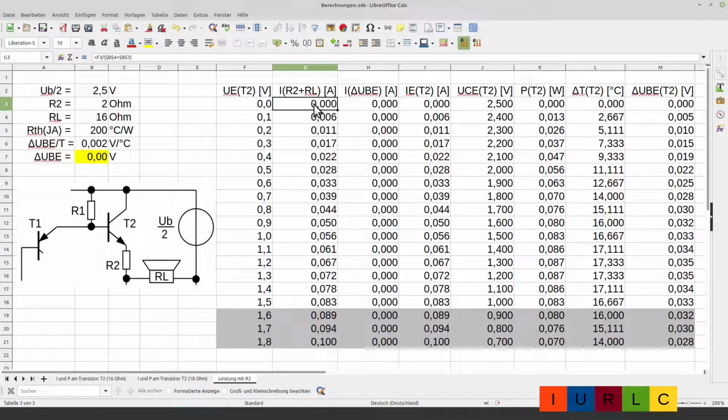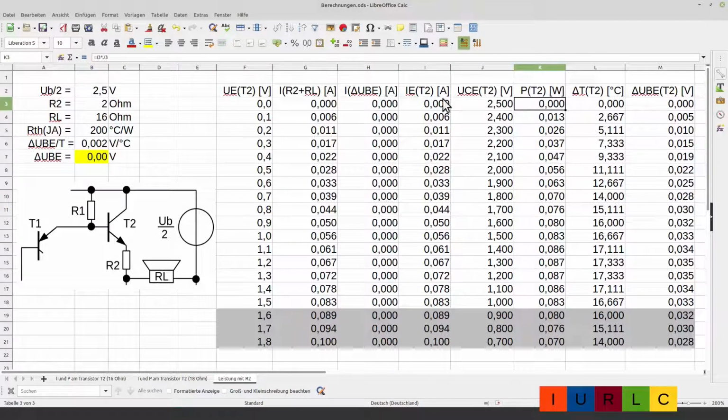The input signal driven current is the input voltage divided by R2 and the loudspeaker impedance. The cross current is the delta of the base-emitter voltage divided by R2, and the resulting emitter current is, according to superposition principle, the addition of both currents. The collector-emitter voltage is the supply voltage at the collector minus the emitter voltage.